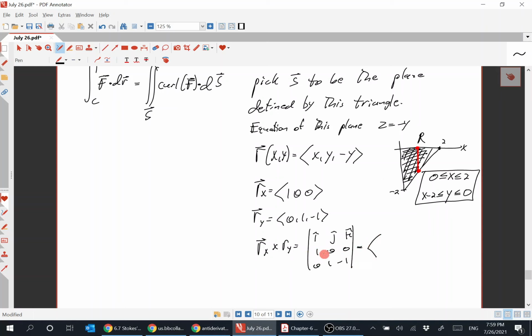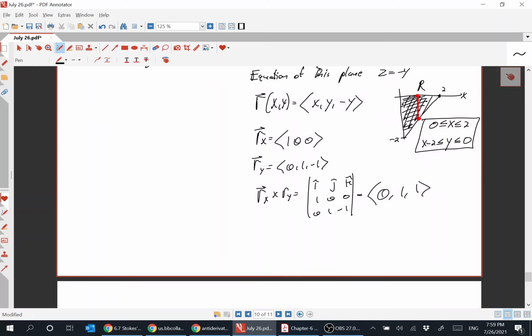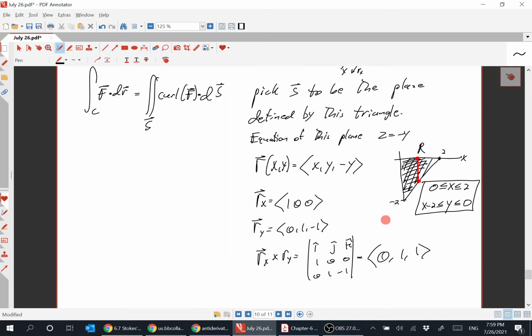So this is equal to 0 in the x-coordinate, 1 in the y-coordinate, and 1 in the z-coordinate. So that's the r_x cross r_y that we're going to need.